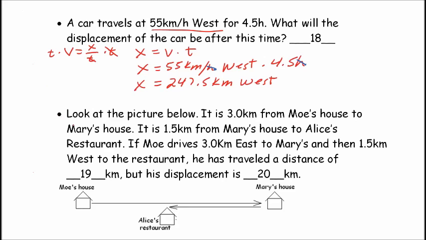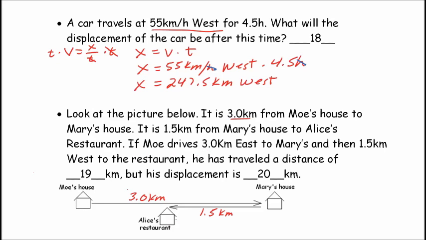Alright, the next problem down here says, look at the picture below. It is 3 kilometers from Mo's house to Mary's house. That would be this line right here, 3 kilometers from Mo's house to Mary's house. It is 1.5 kilometers from Mary's house to Alice's restaurant.